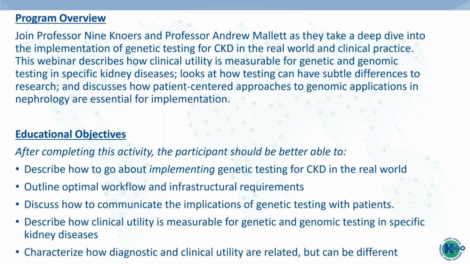In terms of educational objectives, after completing this activity, the participant should be able to describe how to go about implementing genetic testing for CKD in the real world, outline optimal workflow and infrastructural requirements, discuss how to communicate the implications of genetic testing with patients, describe how clinical utility is measurable for genetic and genomic testing in specific kidney diseases, and characterize how diagnostic and clinical utility are related, but can be different.